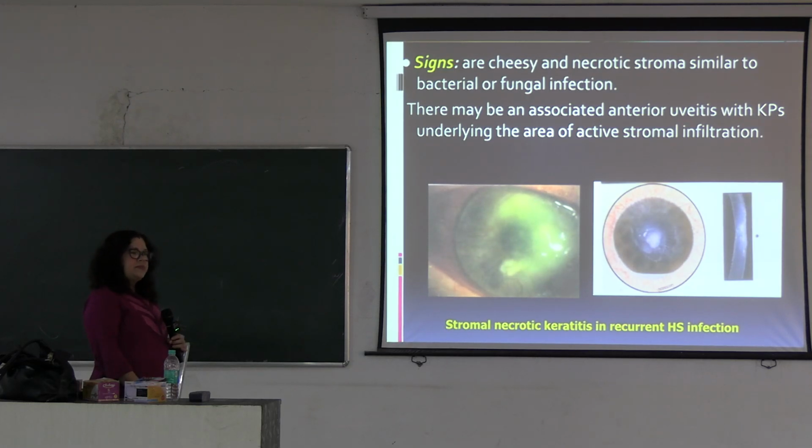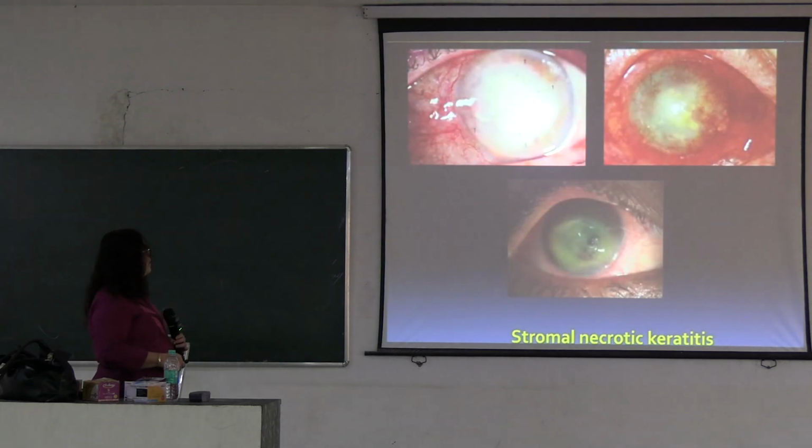They may be of two types: small punctate KPs and mutton fat KPs. Mutton fat KPs are bigger in size. They are due to the infiltration of the underlying stromal infiltrates.